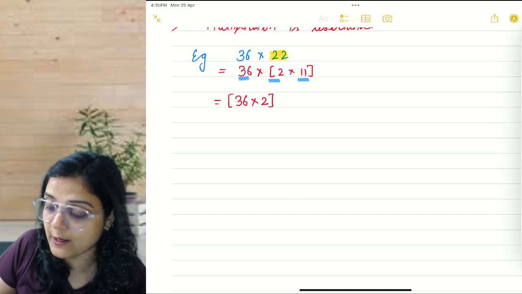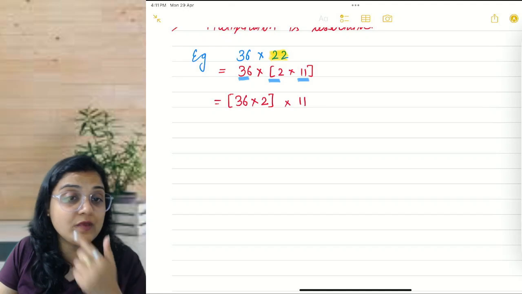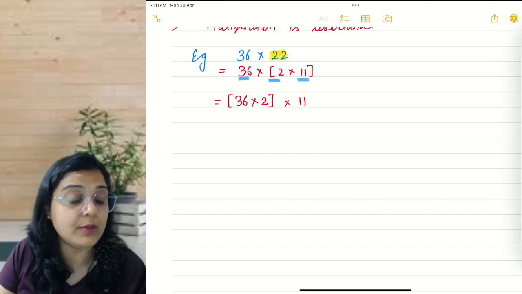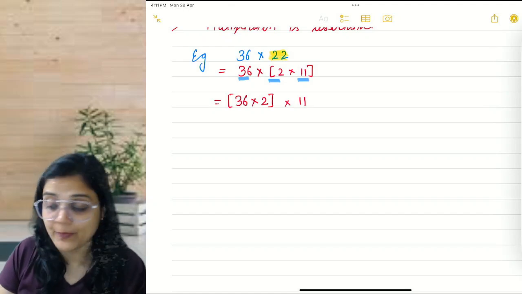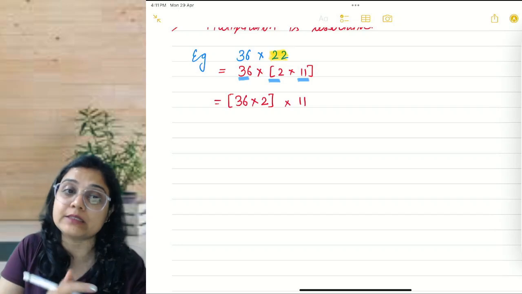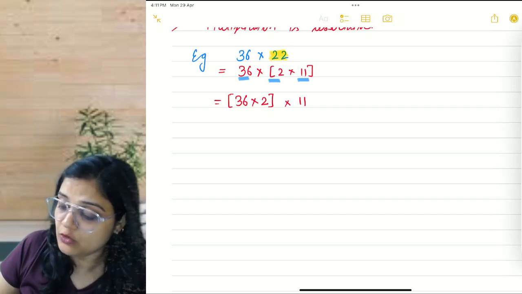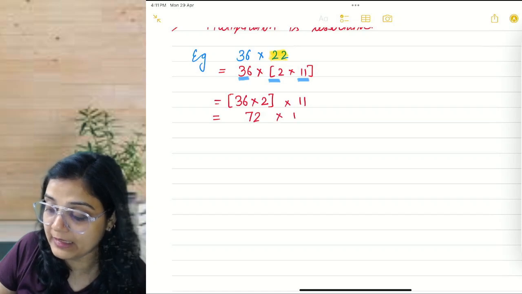Since there is a symbol of product between all these three, that means we have the multiplication of three numbers. So the associative property holds true here. So we have just shifted that 2 with 36 instead of 11 with 36. So 36 into 2 is 72 multiplied by 11.